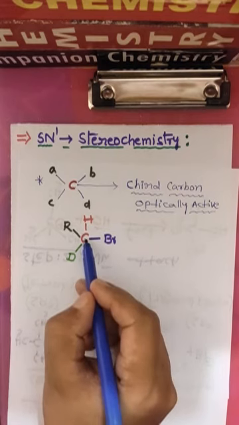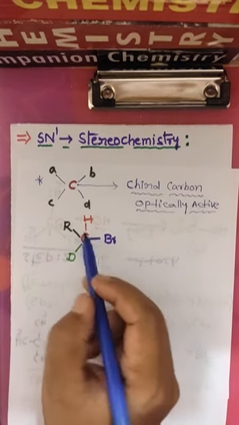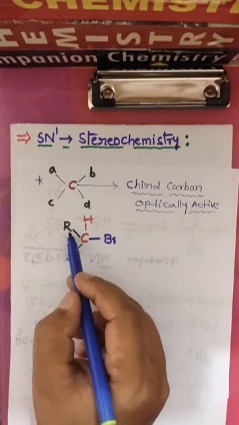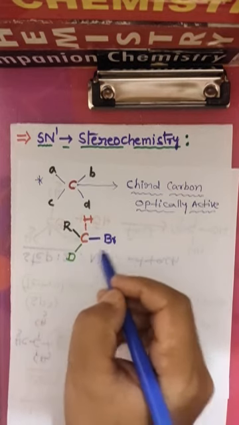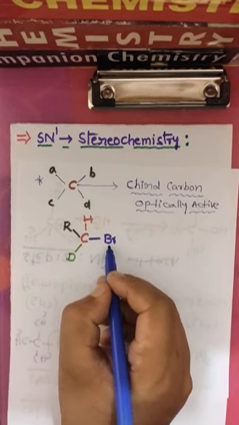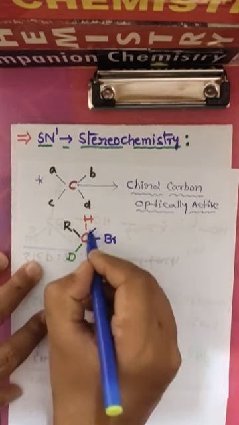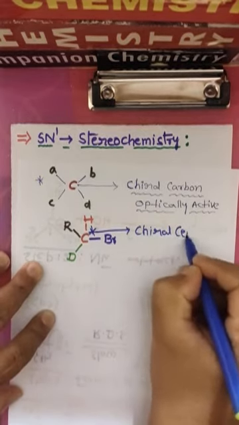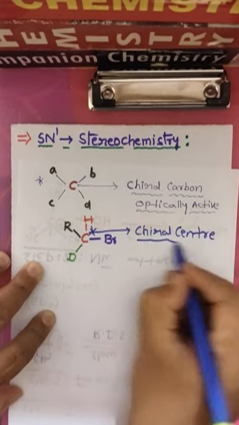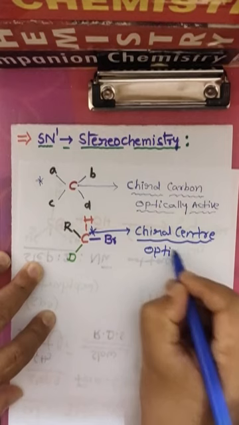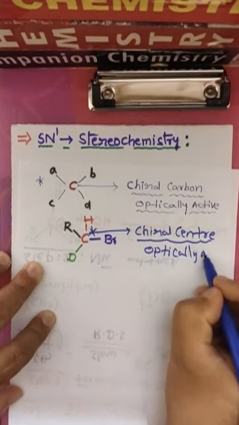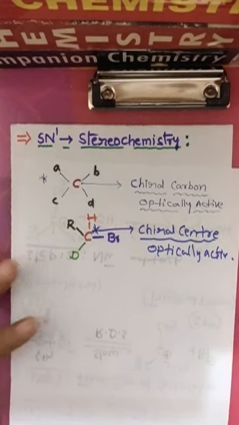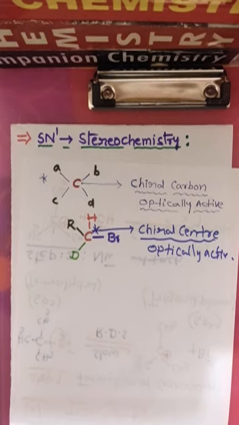So this carbon is bonded with four different groups, that is hydrogen, alkyl group, deuteron, and a halogen, that is bromine. Now this is the center we are calling the chiral center. Then this is optically active. So, according to stereochemistry, the SN1 mechanism is explained by an optically active compound.